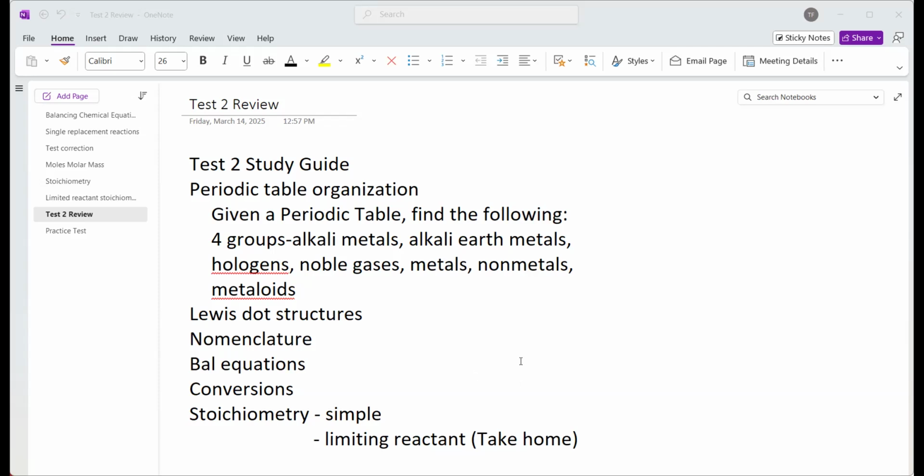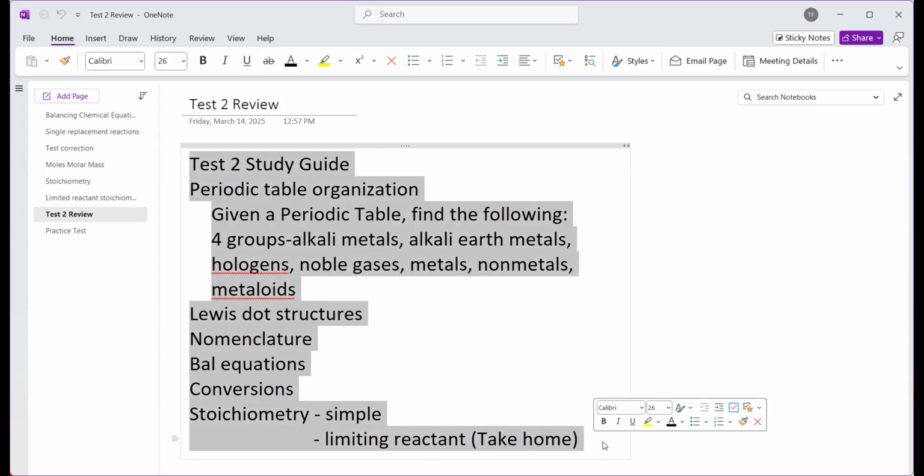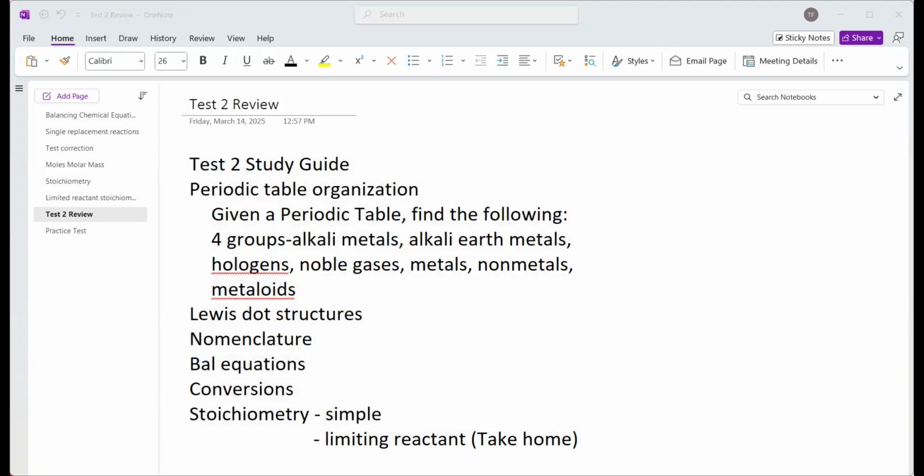And I've already done the test, and the test follows this study guide very closely. So make sure you've got all your ducks in a row and check marks and all that stuff. Okay, I'm going to put this as a file on Canvas right now.